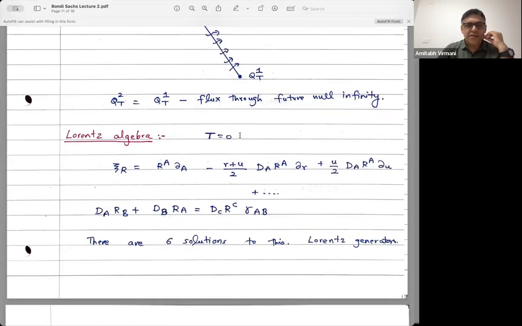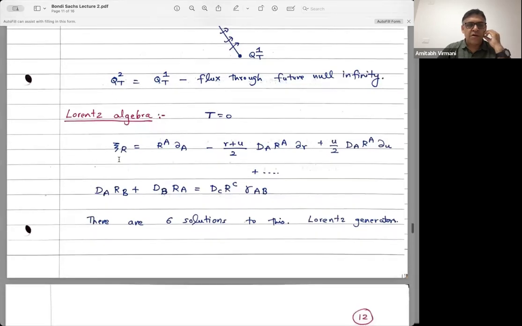So Lorentz algebra has t equal to 0. Only the vector field r is non-zero now. For the vector field r non-zero, this is the form of the vector field that preserves the Bondi gauge and the Bondi boundary conditions. So see, this is RA del A. This is why it is a rotation. I mean, R phi del phi, the simplest case will be just del phi.